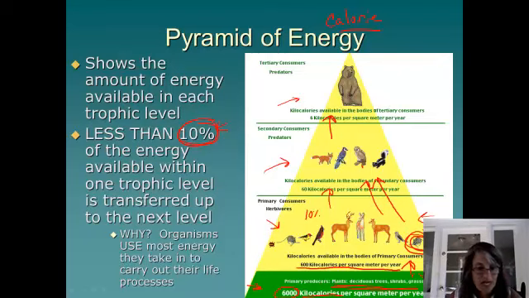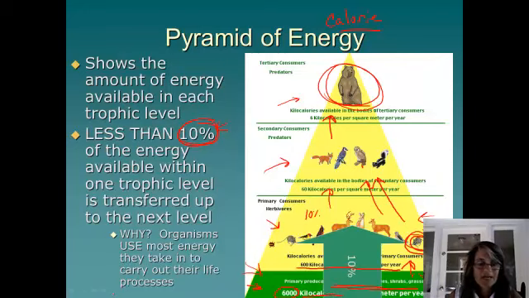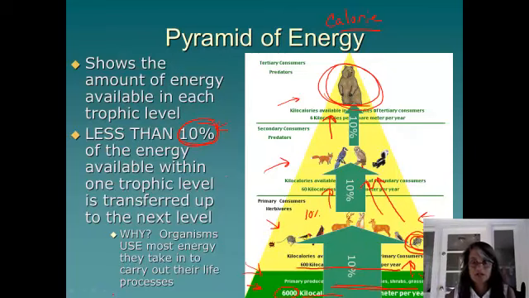Less than 10% actually gets passed. Thus, you can't support near as many organisms at the top as you could at the bottom. That's an important concept to remember. It takes a whole lot, and here we can see our little arrows going up, it takes a whole lot of production to make one big old bear, okay?